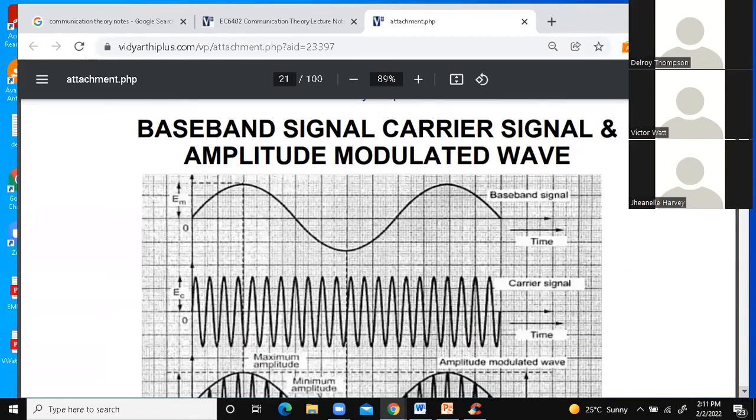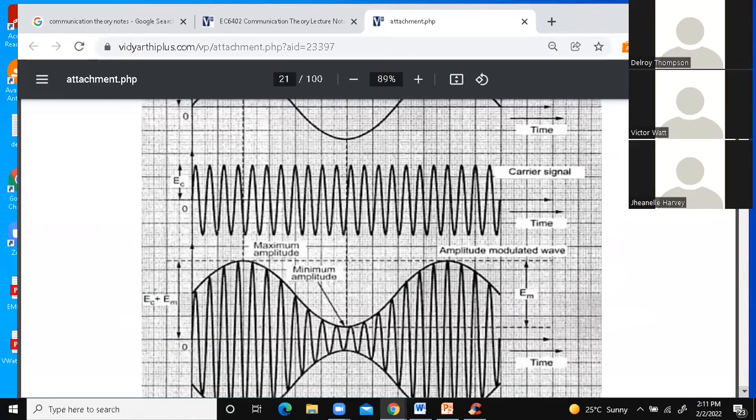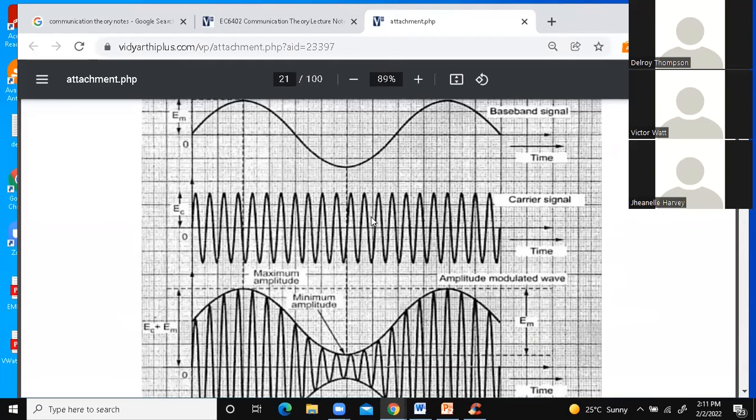All right. There is a plot now utilizing, this is the carrier signal, right, and this is the baseband signal.